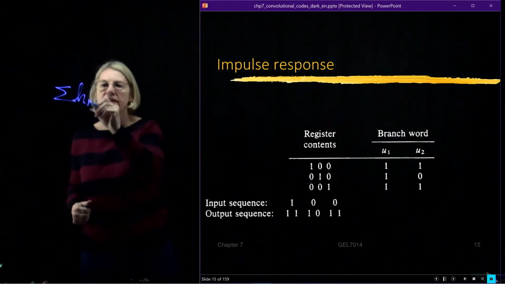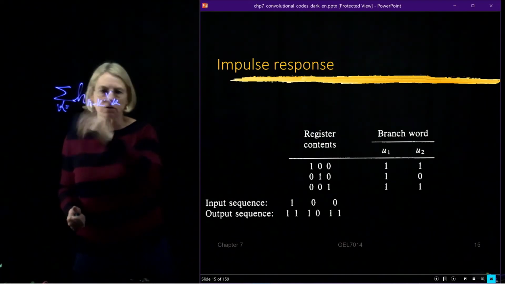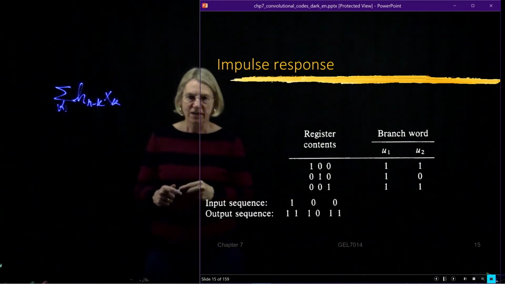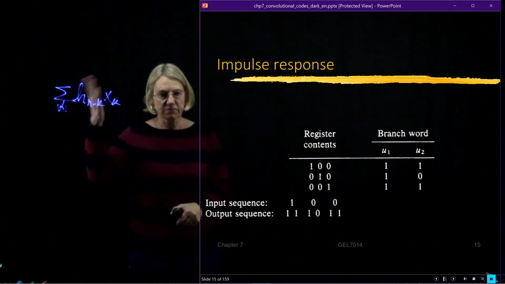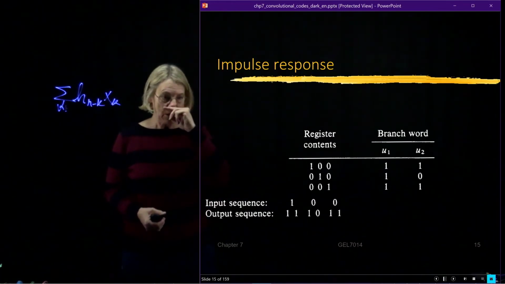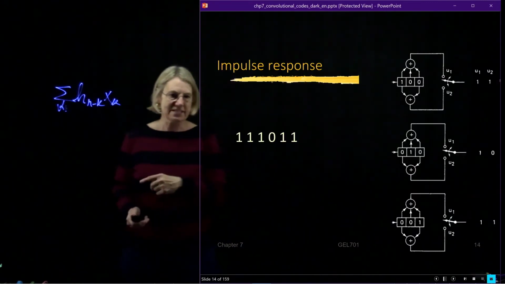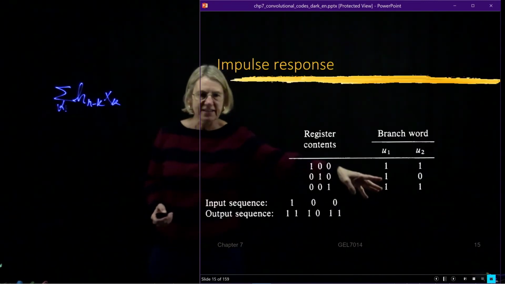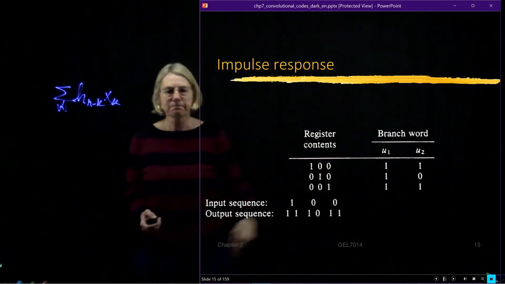It's h of n minus k, x of k, summed across all k, over the length of the impulse response. So this is just a summary of what we just saw in the previous slide. This is another way of writing this, saying that when the input was 1, 0, 0, this was the output.